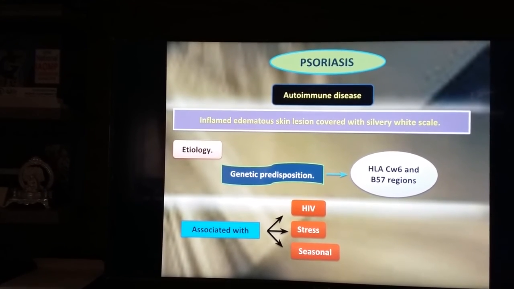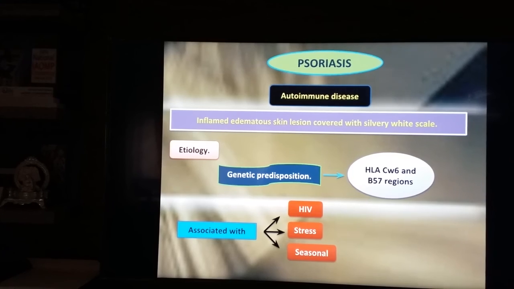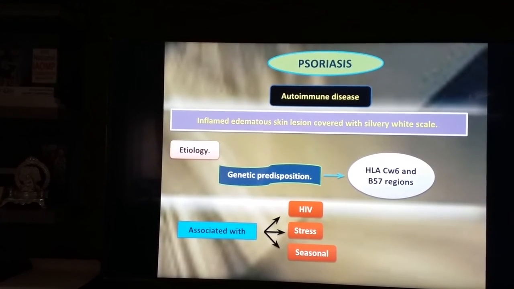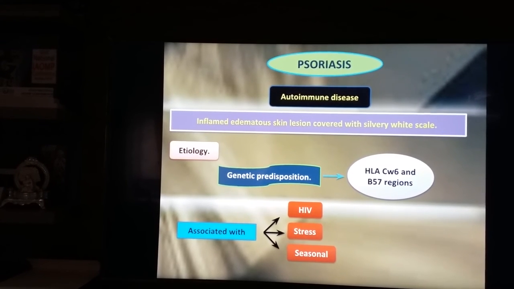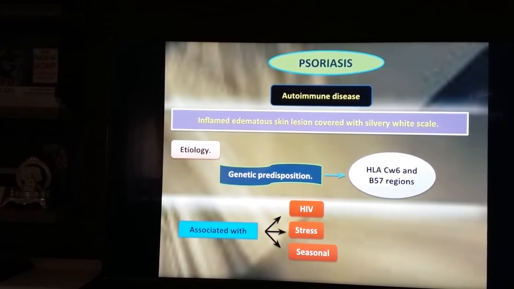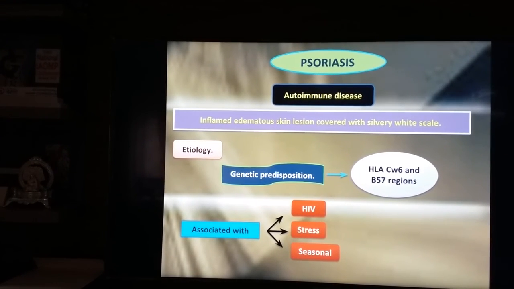Now, apart from that, there could be associated HIV, or it could be stress, or it could be seasonal variations which can take place. Usually psoriasis occurs more in the seasonal region, especially in the winter, and such people are more prone to itching sensation.